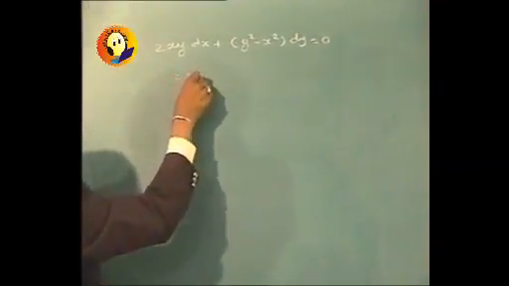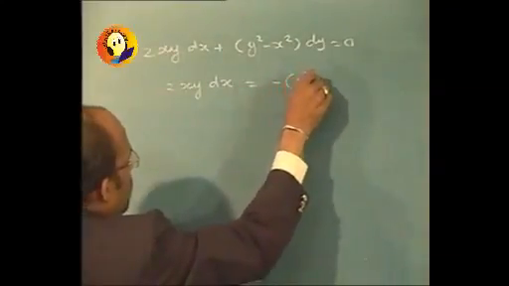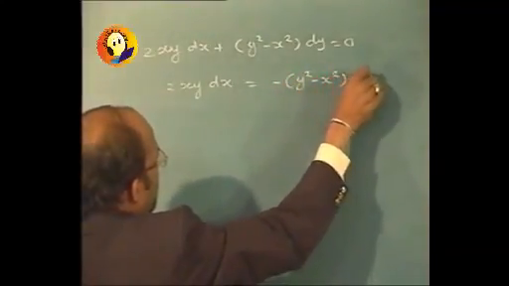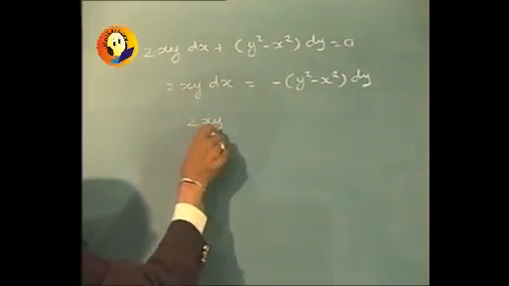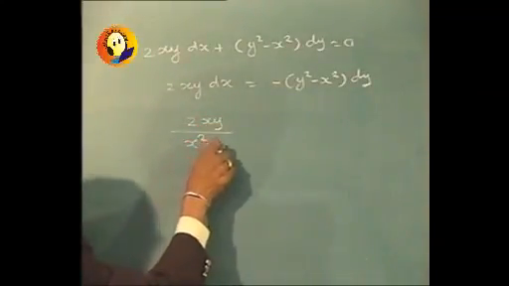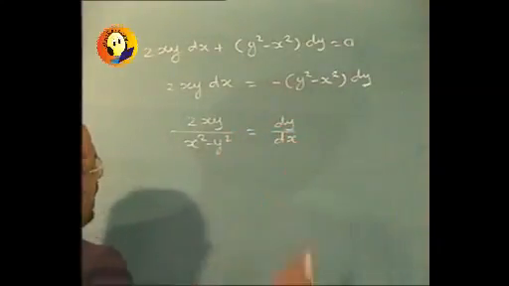Therefore, 2xy dx equal to minus of y square minus x square dy. And so, we can write it as 2xy upon x square minus y square equal to dy by dx.